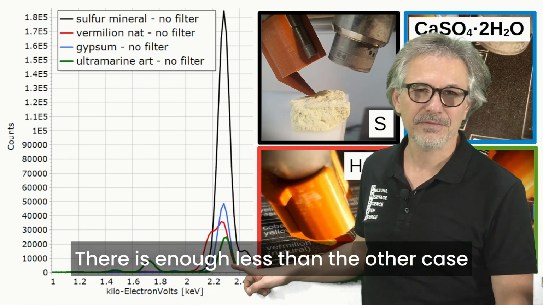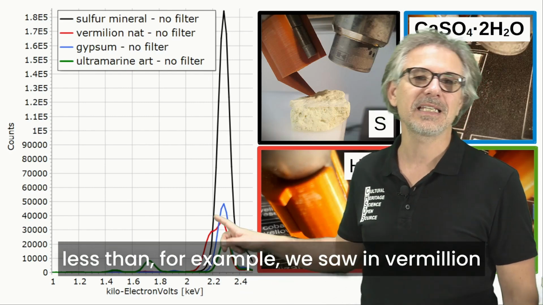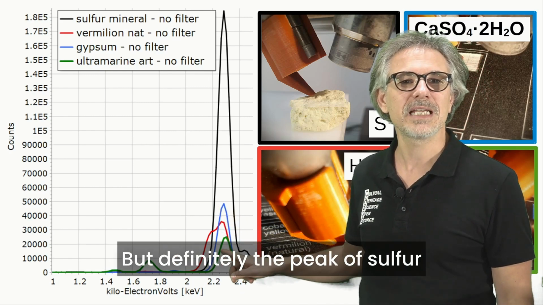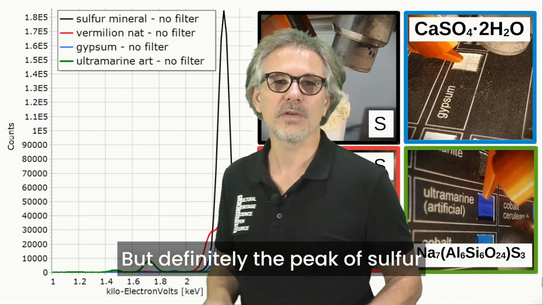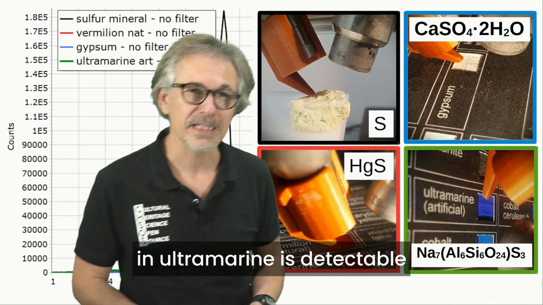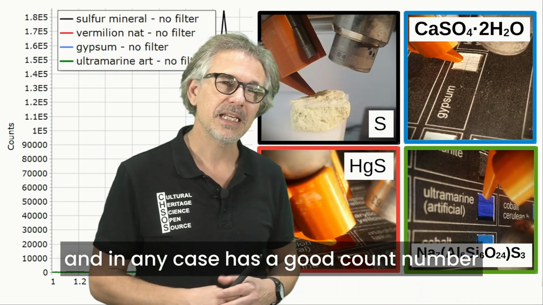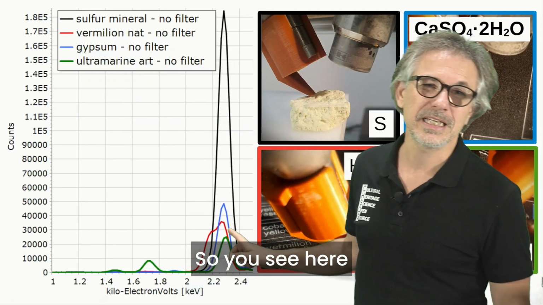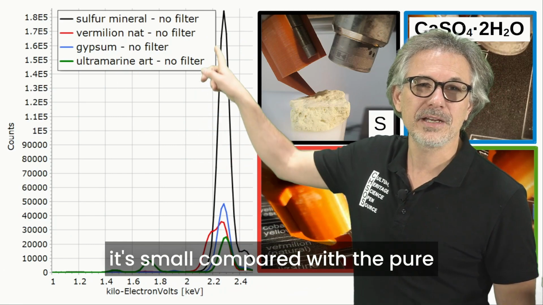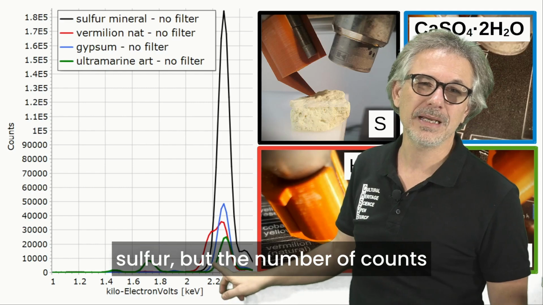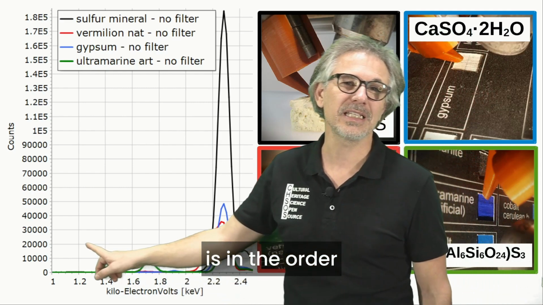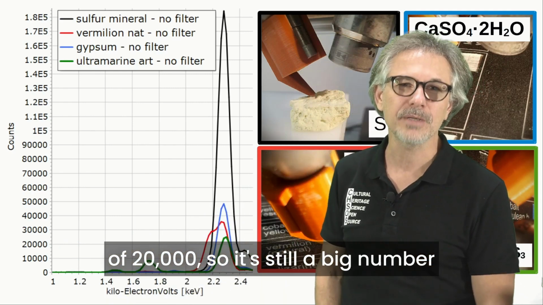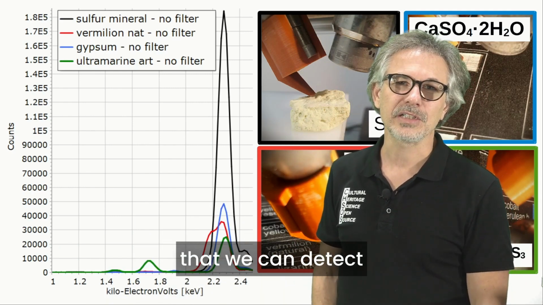There is enough. Less than the other cases, less than we saw in vermilion, less than we saw in gypsum, but definitely the peak of sulfur in ultramarine is detectable, and in any case has a good count number. It's small compared with the pure sulfur, but the number of counts is in the order of 20,000. So it's still a big number, so it's definitely something that we can detect.